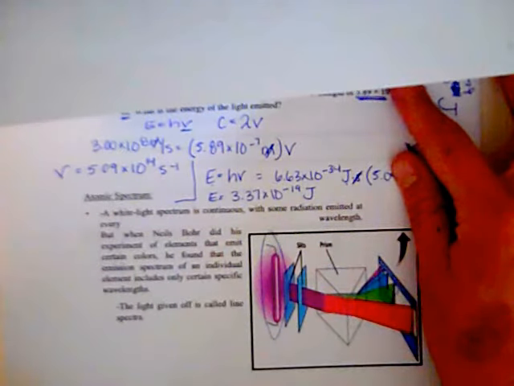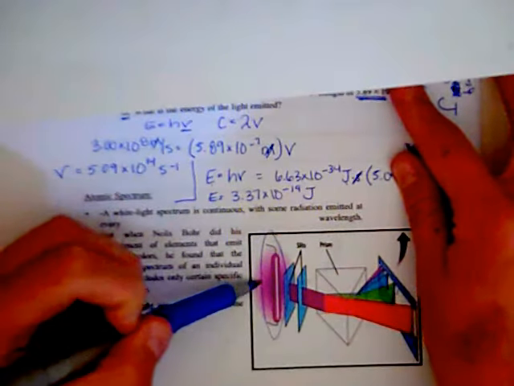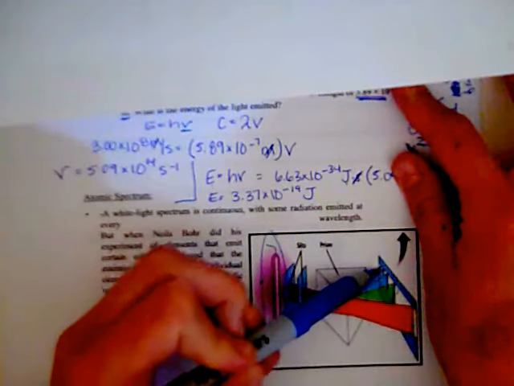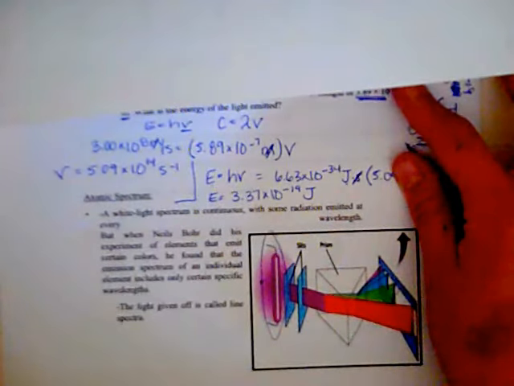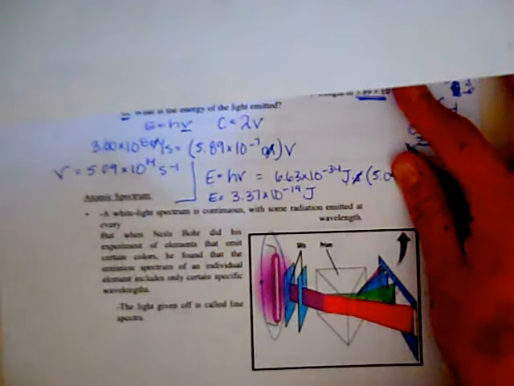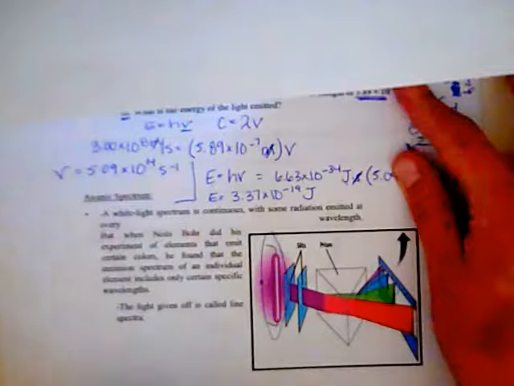So Niels Bohr said, well, if I'm getting very specific energies for each different element that I put through this discharge tube, this must correspond to a wavelength, and that wavelength meaning the electron. So these different places here pretty much show the different placements an electron could be when it's excited with an energy. So we look at what's called an emission spectrum.